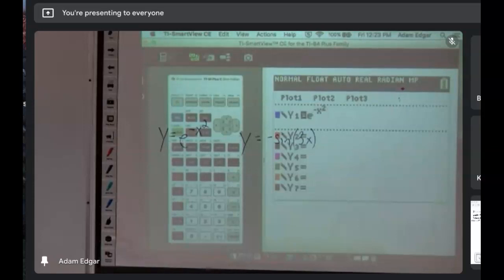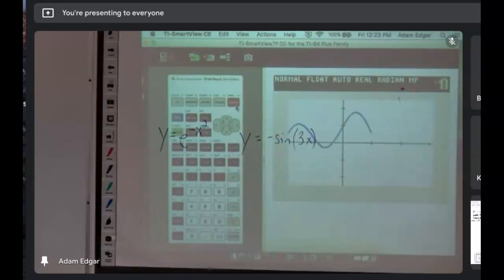Negative x squared. So round to the decimal. Negative sine of 3x.